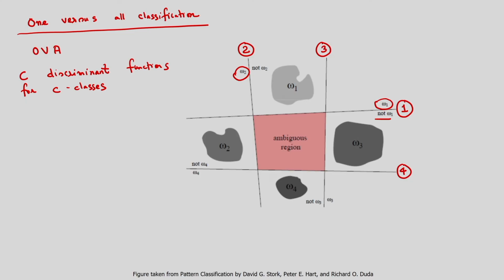If I do it like this, then you can see we have an ambiguous region. This is the ambiguous region shown in pink color. So what is the procedure?